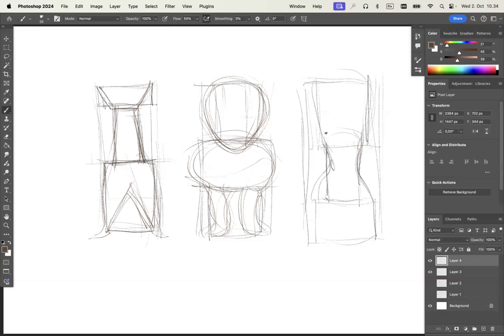So here I take a round shape and a pear shape and put them together in an hourglass. That's the same sort of hourglass here as well. There we go.